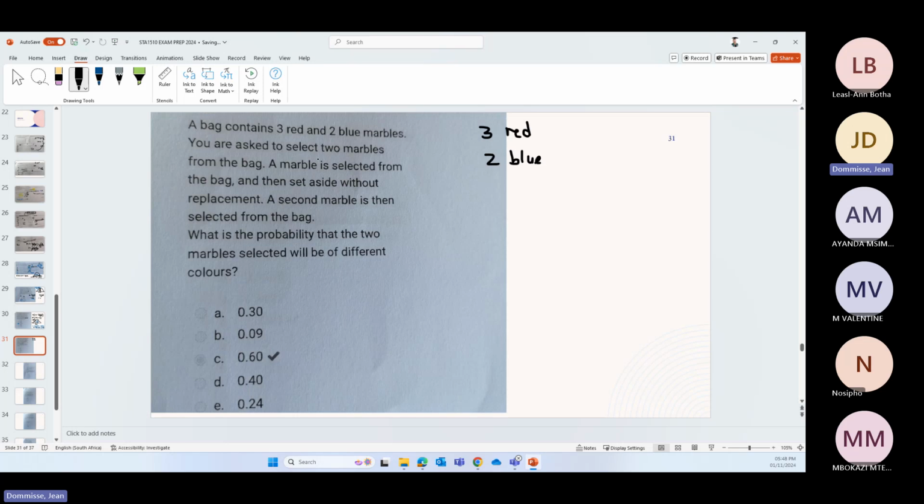And when I say you are asked to select 2 marbles from a bag, a marble is selected from the bag and then set aside without replacement. A second marble is then selected from the bag. What is the probability that the 2 marbles selected will be of different colors?